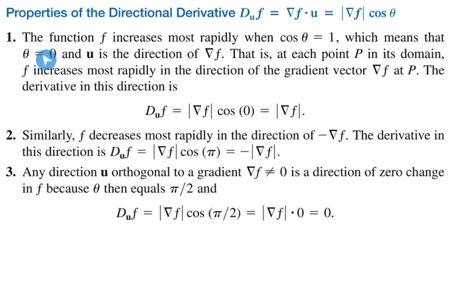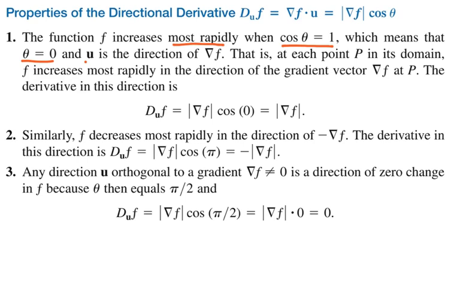So in that sense, we could think about this directional derivative telling us about the function, and it increases most rapidly when cosine theta is equal to 1. So we're at that maximum for cosine, which means that theta is equal to 0, and u is in the direction of the gradient of f.